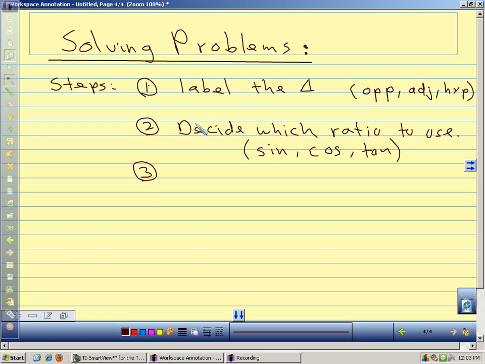So this is really the only different step. Our third step is write an equation.